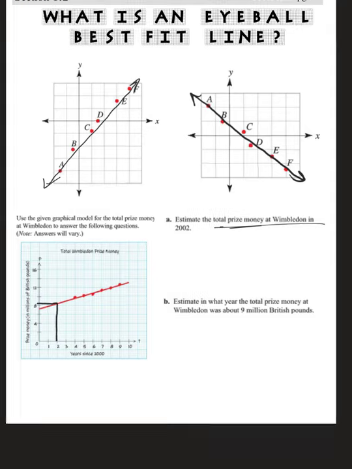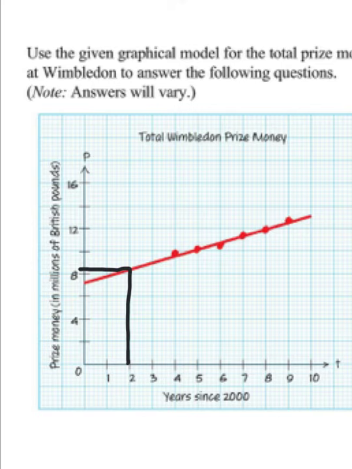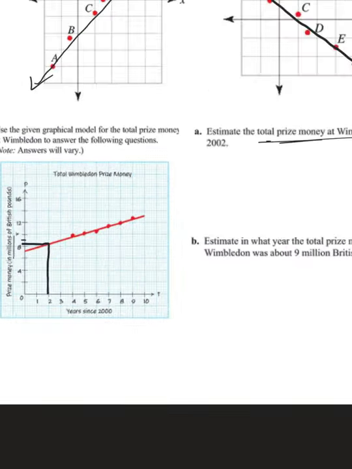It looks like 8 million, so we have to kind of see 1, 2, 3, 4, 5. So every tick mark up the left-hand side is worth 2 million. And so if you go halfway up, that's 1 million. So I would estimate this to be like $8.2 million.